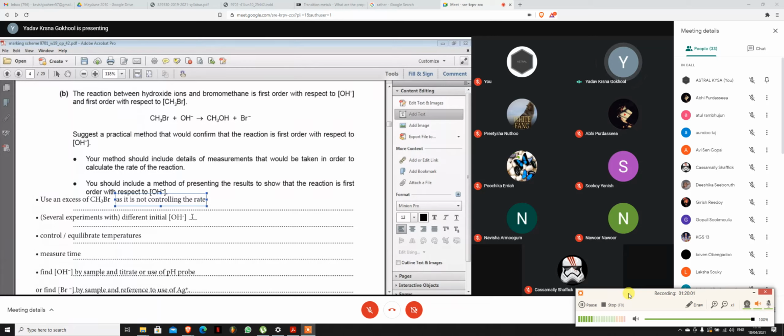Different initial concentrations of OH minus have to be taken. Here, what we can do, we can vary the volume of stock solution OH minus and water, just like in rate of reaction.